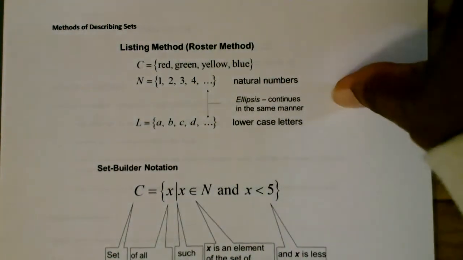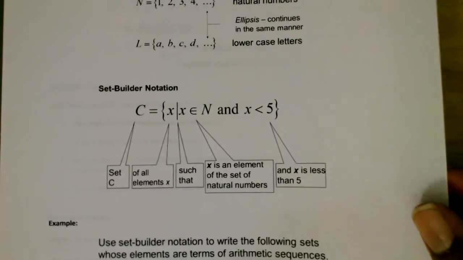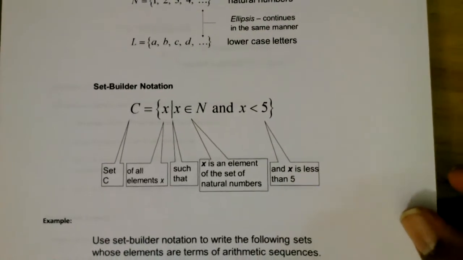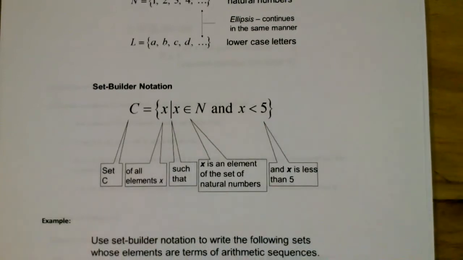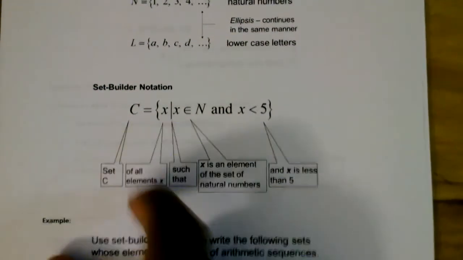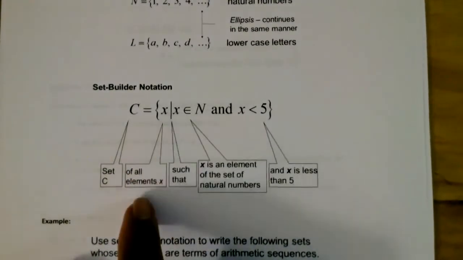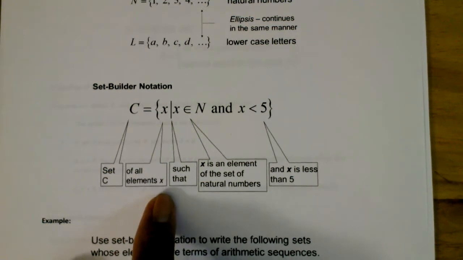Okay. Also, we have set builder notation as another method of describing sets. All right, so this is what set builder notation looks like. And the way we read something that's in set builder notation would be this. Set C is equal to the set of all numbers or all elements x.